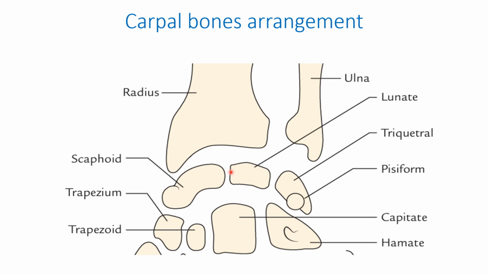So this is the proximal row: scaphoid, lunate, triquetral, and then the pisiform bone. Then we have the trapezium, trapezoid, capitate, and hamate.